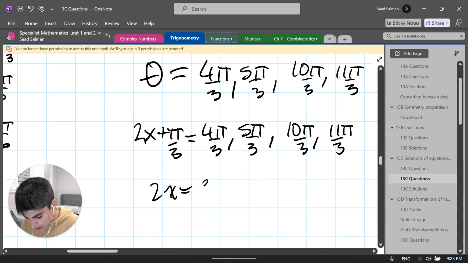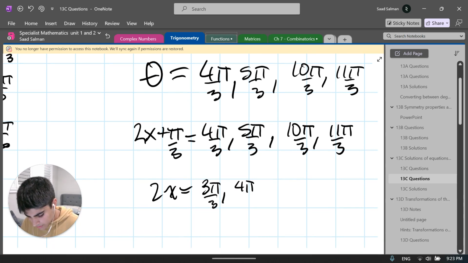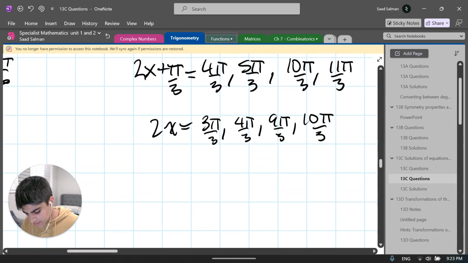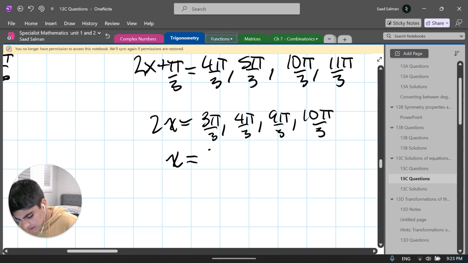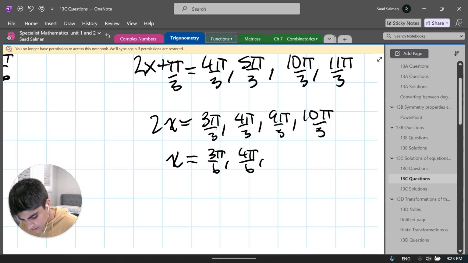2x equals 3 pi on 3, 4 pi on 3, 9 pi on 3, and 10 pi on 3. Now let's divide all these solutions by 2. x equals 3 pi on 6, 4 pi on 6, 9 pi on 6, 10 pi on 6.